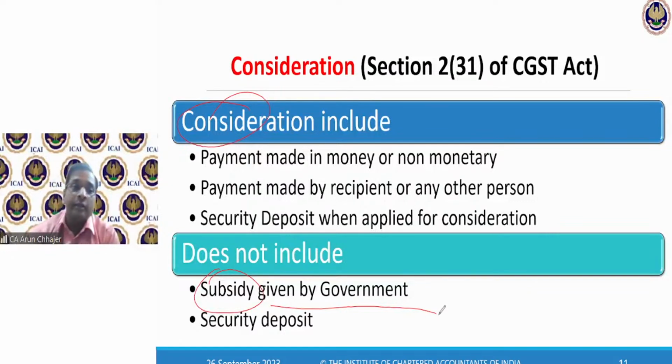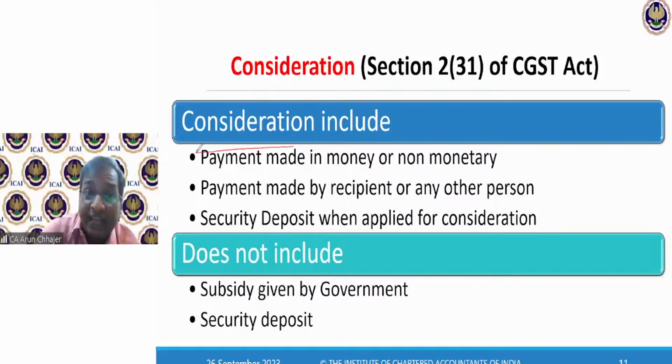No. Why? Because it is subsidy in nature. So subsidy will not be treated as consideration, and because it is not consideration, no question of tax liability will arise. I hope it is clear. Now read the bare language of the definition of consideration.